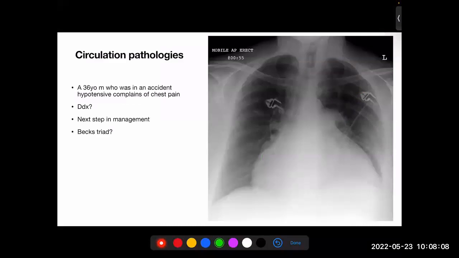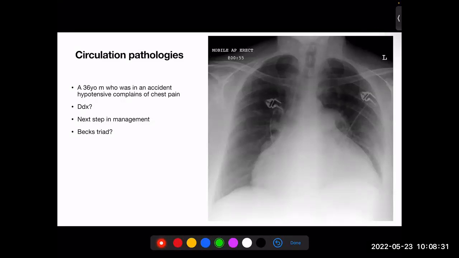Okay. Come to this. A 36-year-old male who was in an accident, he's hypotensive, complains of chest pain. What is your differential diagnosis? Ladies and gentlemen, what's your diagnosis?